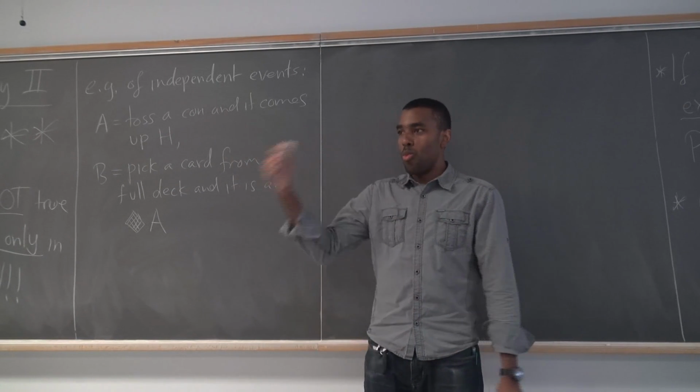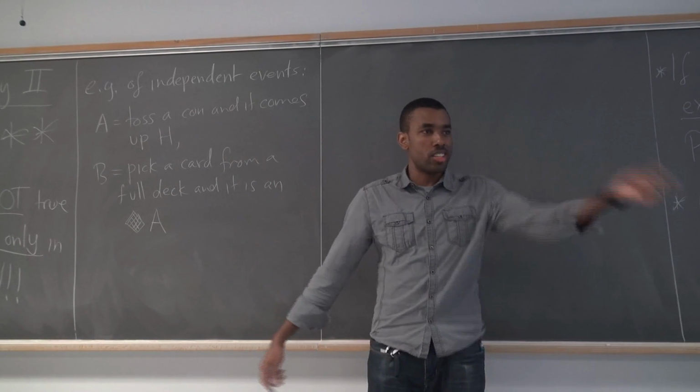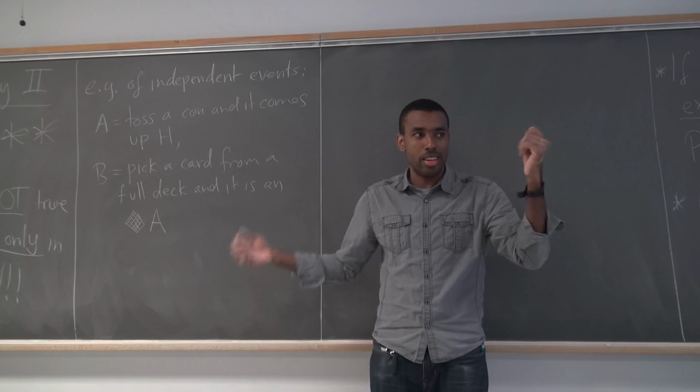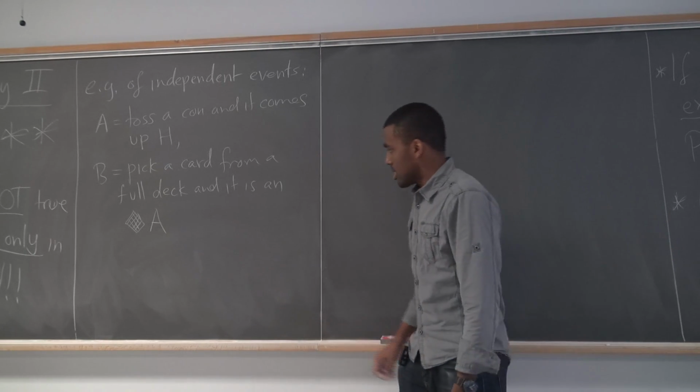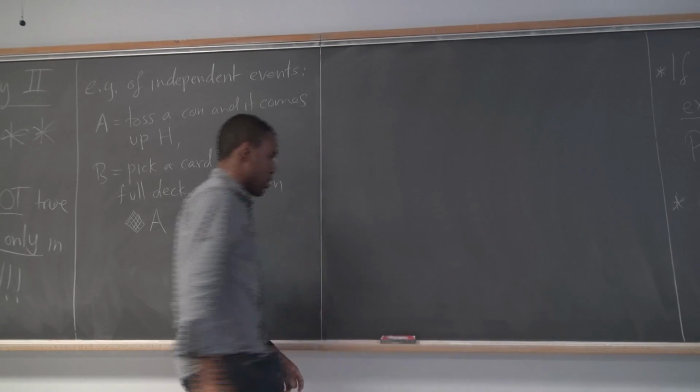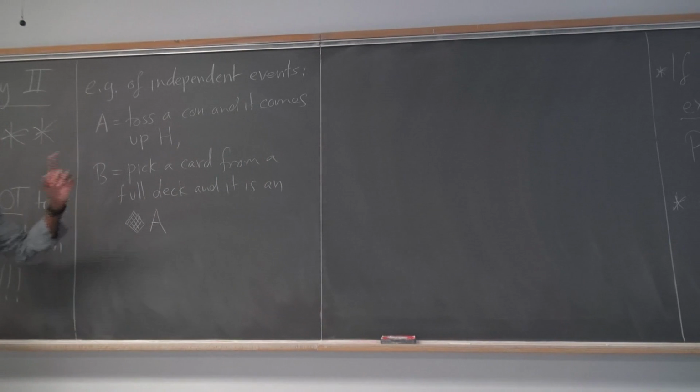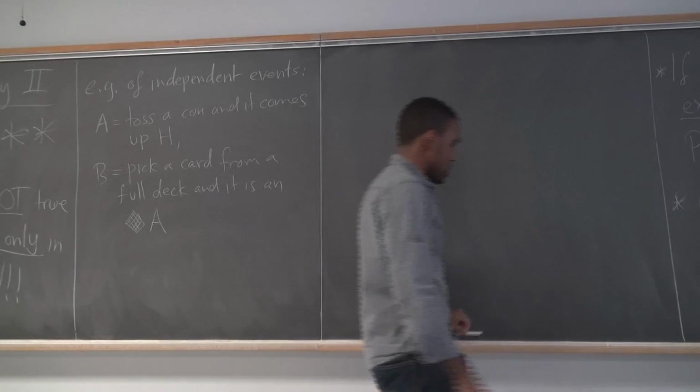What happens to the coin has nothing to do with what card you pick, right? They're independent. So if you had to say the probability that you get a head and you pick an ace of spades, you just multiply the probabilities. It doesn't work in general.